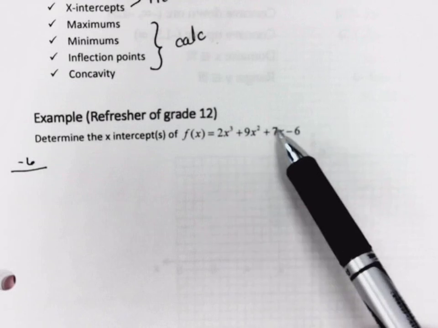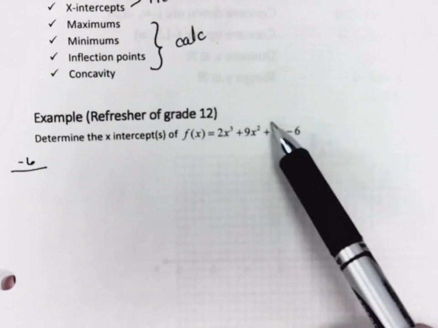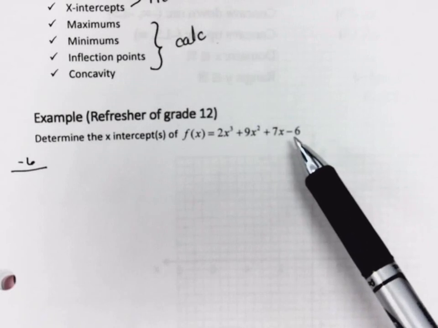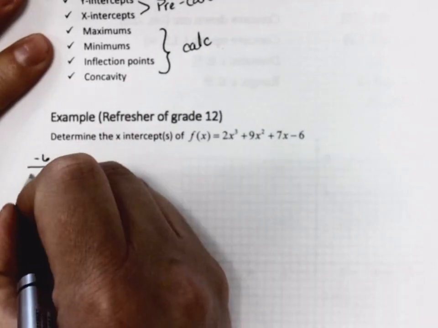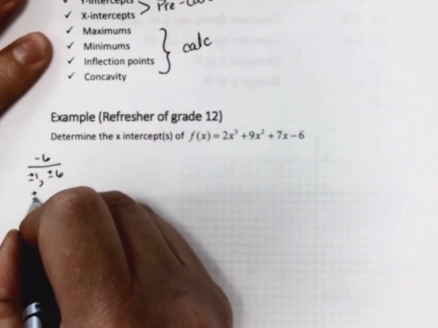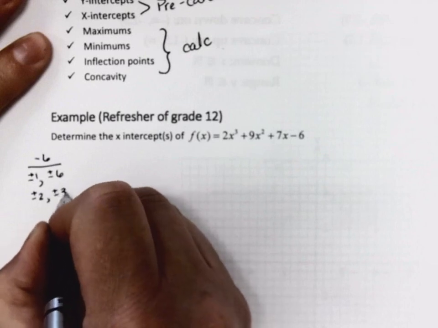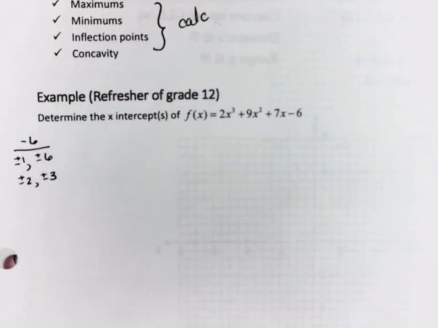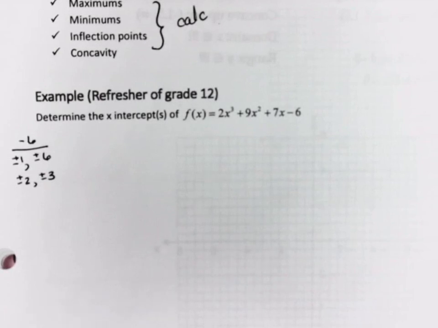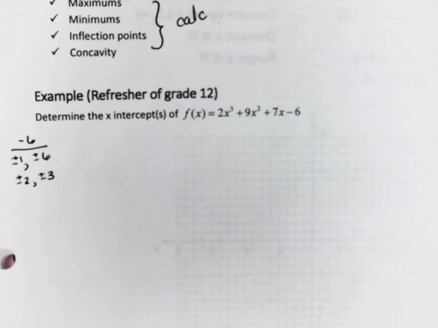If I put a positive number in there, I'm going to have a bigger positive than the minus 6. So I should start with negative numbers. The factors of 6 are plus or minus 1, 6, 2, and 3, but we made the smart decision to pick a negative number. Does negative 1 work? No, that's sad. Does negative 2 work?